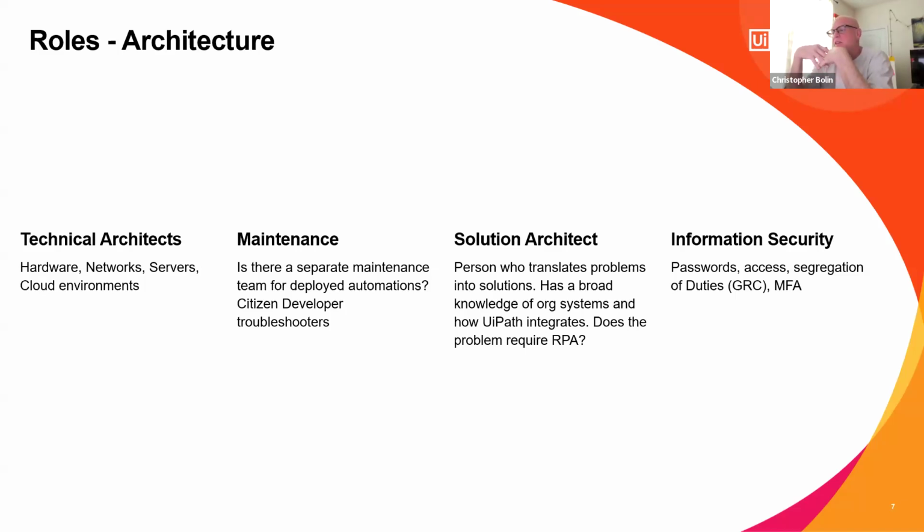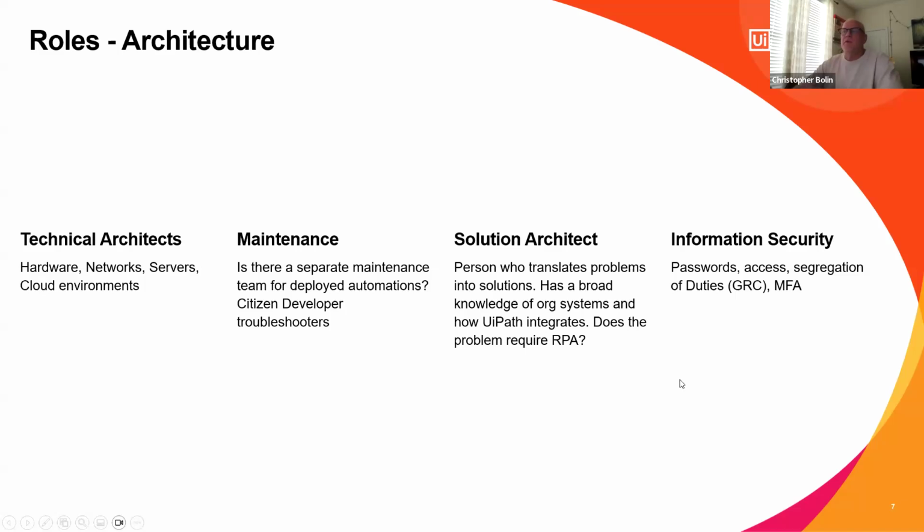Because in some CoEs, after you build, your developer's done, and that shoots off to a maintenance team that needs to maintain those automations as systems change or business rules change, things like that.